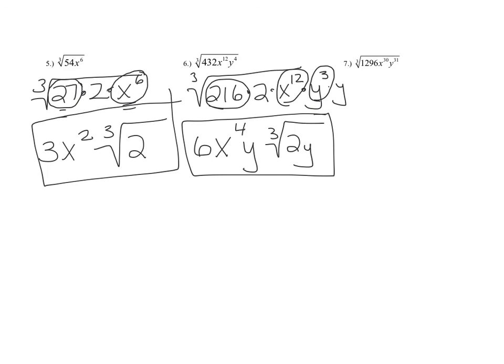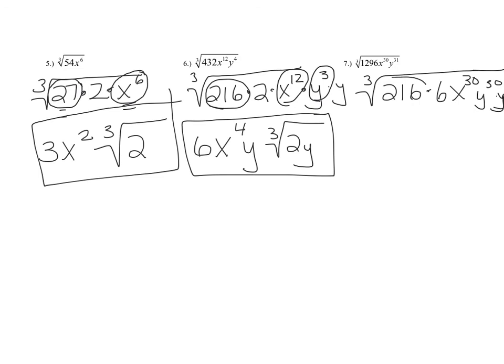Again, I found that 216 goes into that big number 6 times. So I'm going to break this into the cube root of 216 times 6. X to the 30th is already a perfect cube. Y to the 31st is not, but I could break that into y to the 30th times y, just regular y.